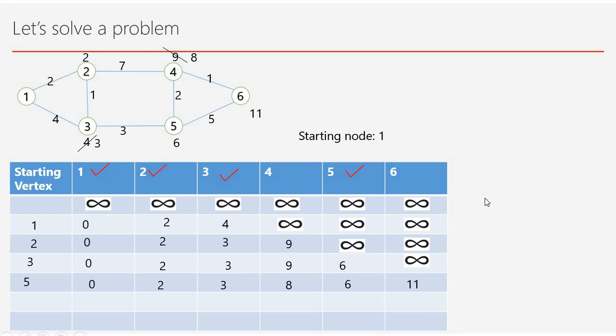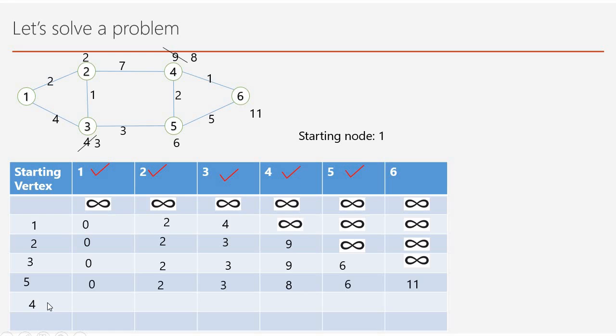Now among these nodes, 4 and 6 are the only two nodes which are not visited. Among nodes 4 and 6, node 4 has the least weight which is 8 compared to the weight of node 6 which is 11. Thus take node 4.